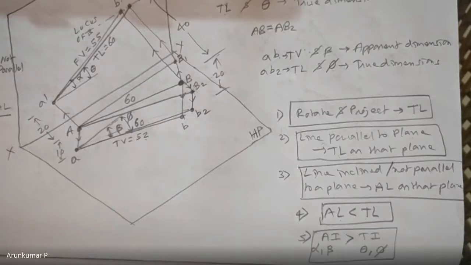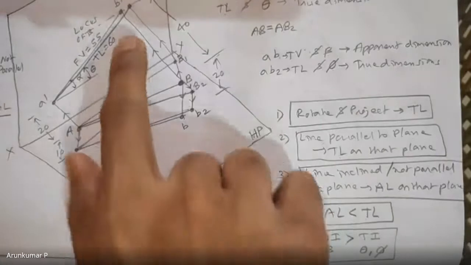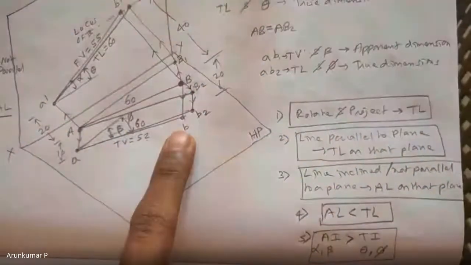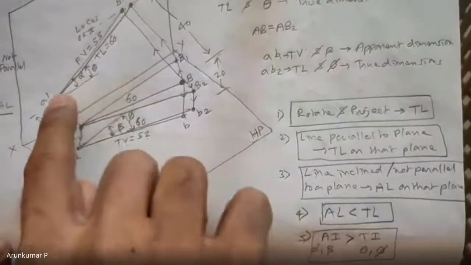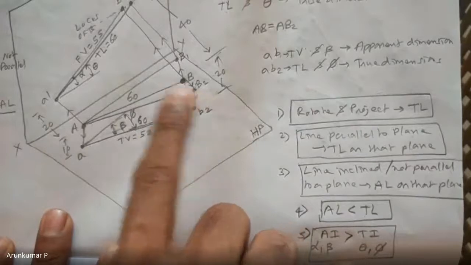Okay, now what will happen in the problems is that you will be given this line and all these angles. The length will be given, maybe the true length is given, some of the angles are given, say theta or phi or alpha or beta. You have to draw the front view of the line, the top view of the line. You may even have to draw the true length of the line in VP and HP.